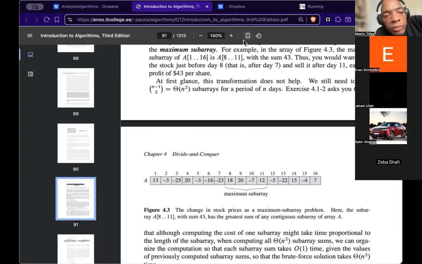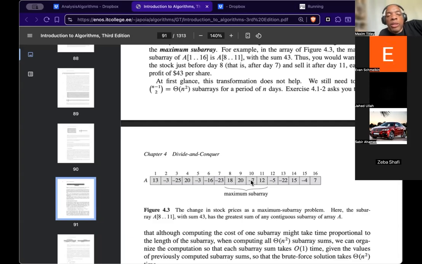So given a subarray of 0 to 16, which would be 1 to 16, or I should say 0 to 15 is 1 to 16, and A8 to 11 equals 43. Let's take a look. So here you have 38, and then there you have a -7.